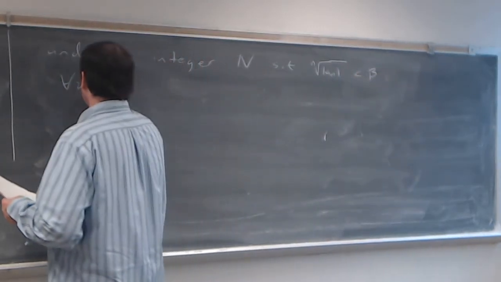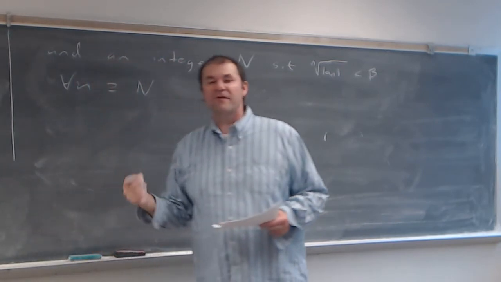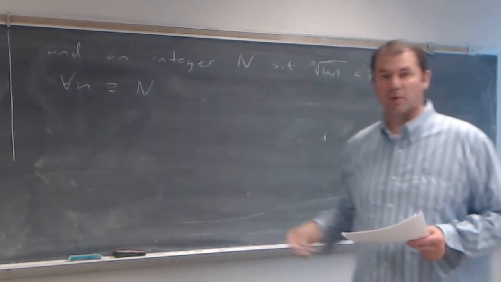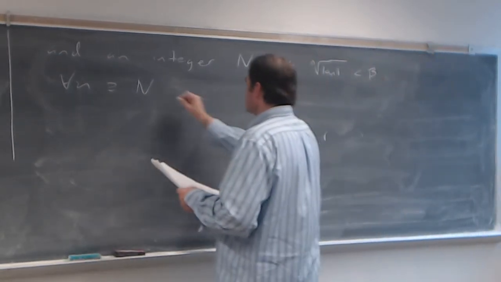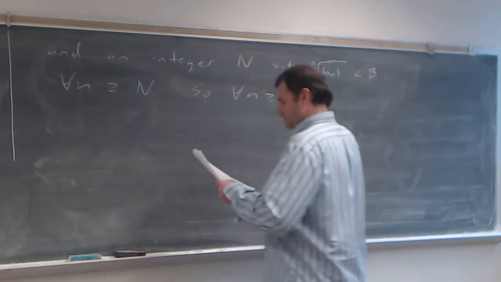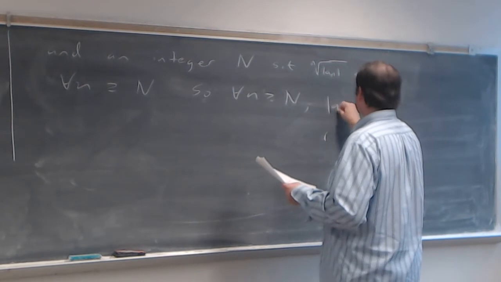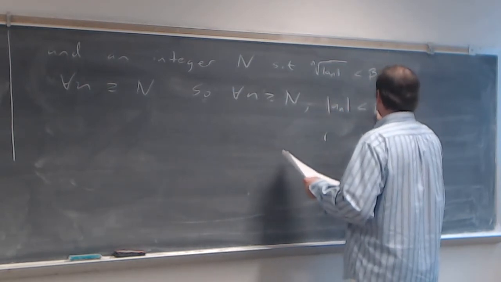And that's for all n bigger than or equal to this big N. And that's true by the fact that we had about the lim sup that I wrote on the other board. So, for all n bigger than or equal to big N, that says that the absolute value of a sub n will be less than beta to the n.